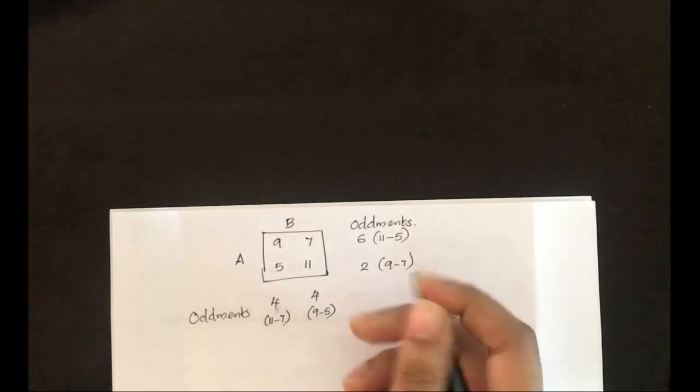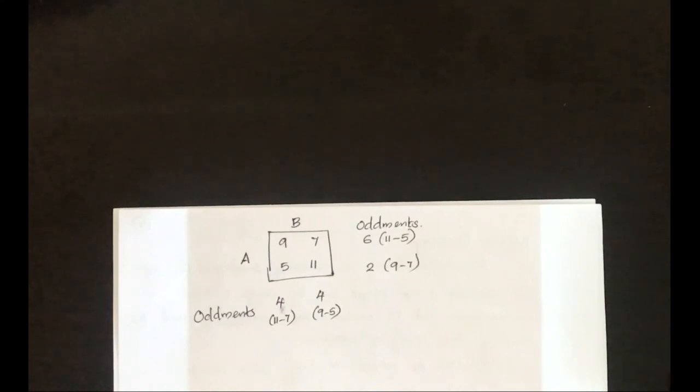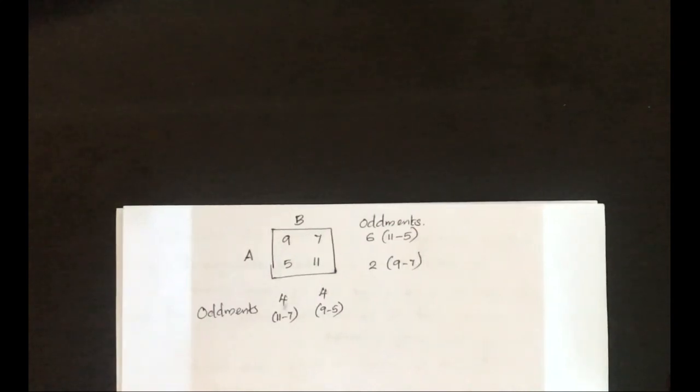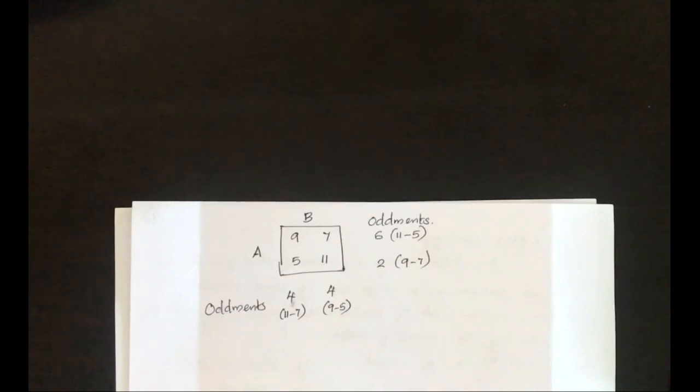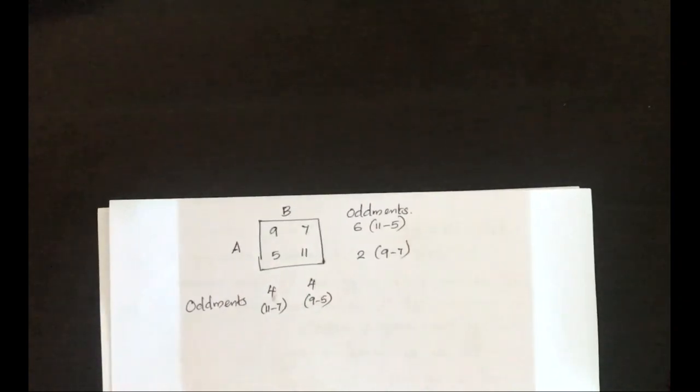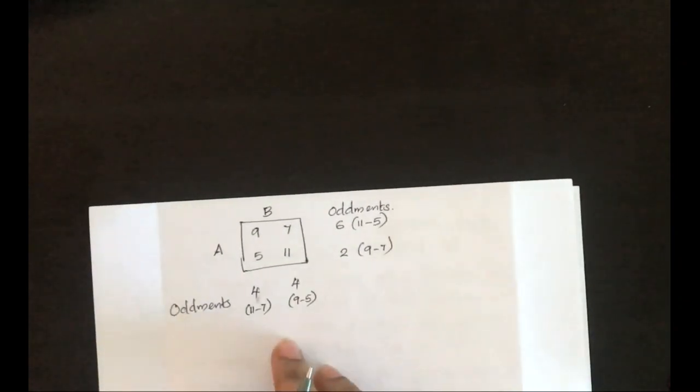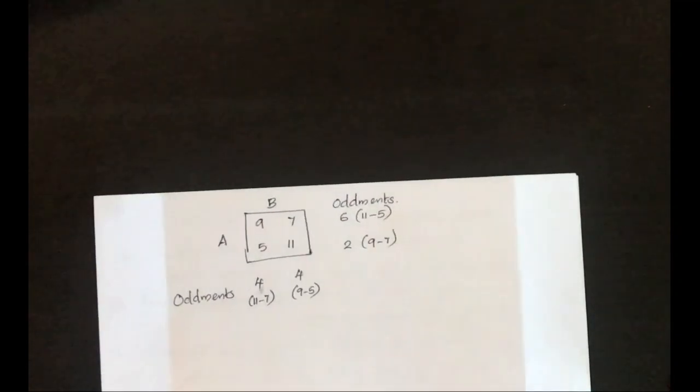Oddments are the difference of the opposite row or column. The oddment of the first row is the difference between the elements in the second row, and the oddment of the second row is the difference between the elements in the first row. Similarly, the oddment of the first column is the difference between the elements in the second column, and the oddment of the second column is the difference between the elements of the first column. So we are writing the oddments here.